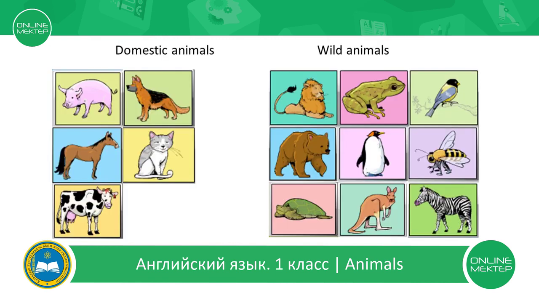Now let's put the animals into two groups. Domestic animals, домашние животные. Wild animals, дикие животные. Domestic animals are pig, dog, horse, cat, and cow.